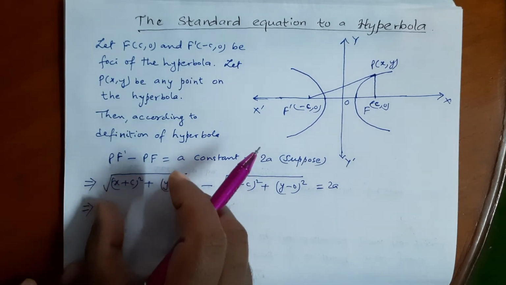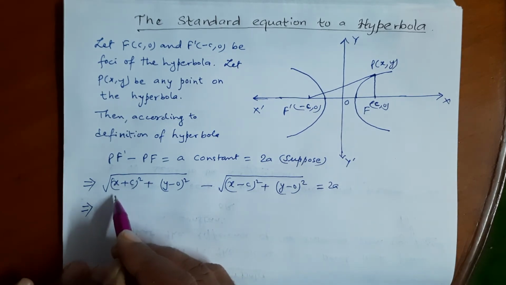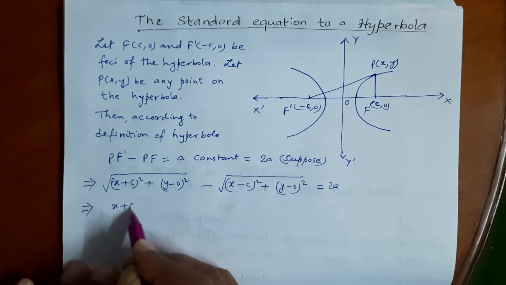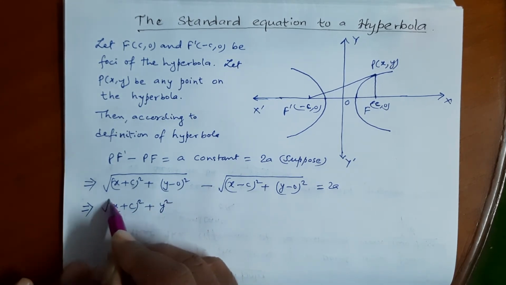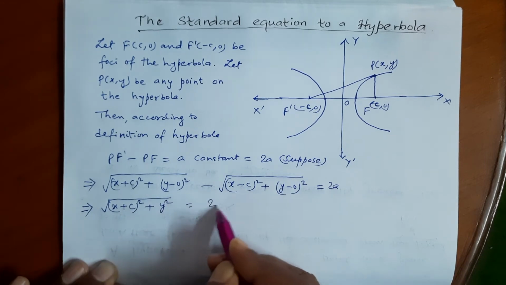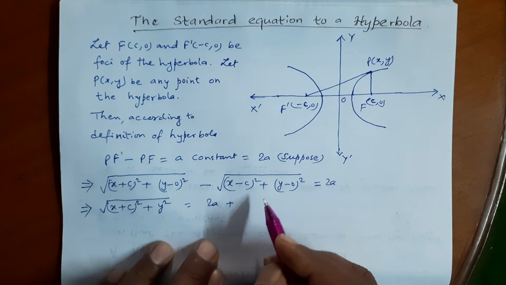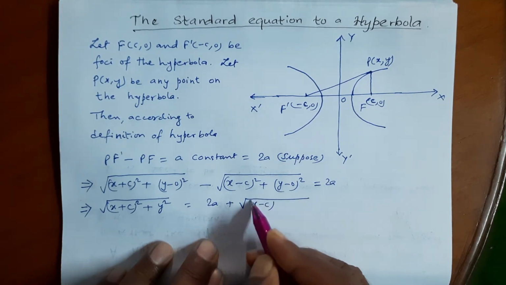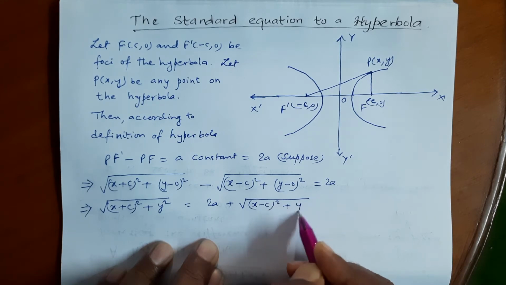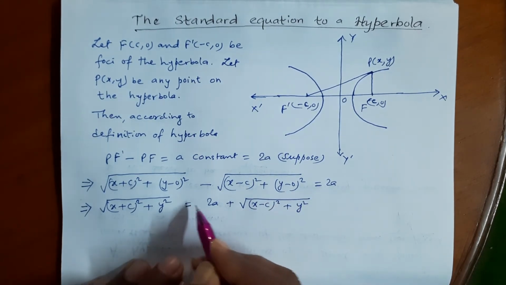So now this is the square root of (x plus c) whole square plus y square equals 2a plus the square root of (x minus c) whole square plus y square. While shifting to the other side it becomes like this.